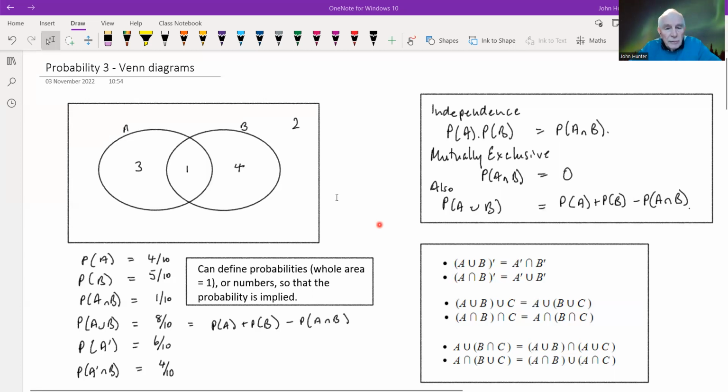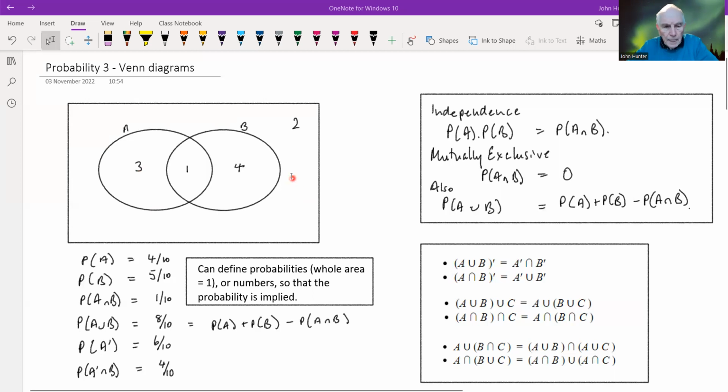So the probability of A happening is going to be 3 and 1, 4 out of 10, 4 tenths, 0.4. Now we're not saying what A and B is here. We'll come on to some examples which will make it a bit clearer. But equally, we could represent all these by probabilities with 0.3 and so on.